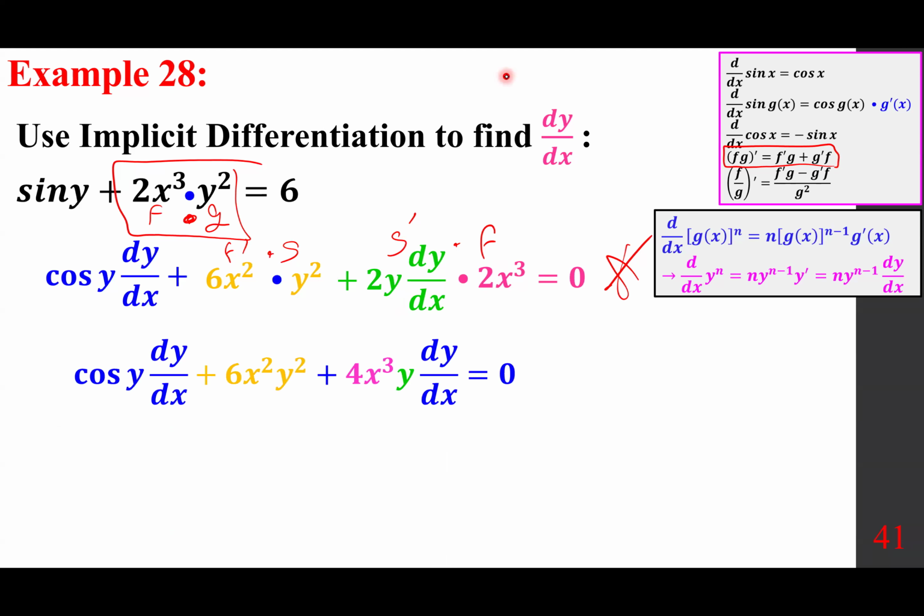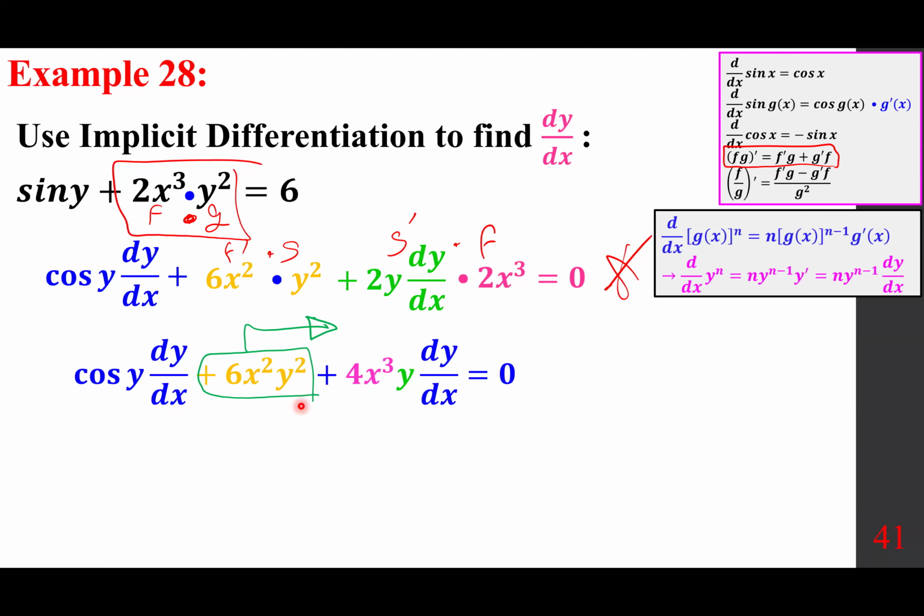And as you can see, everything remains except this guy moves to the right and becomes negative. Then this 2, we can take the dy dx out.